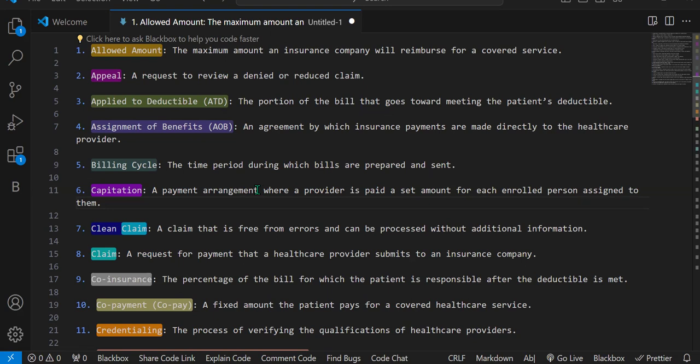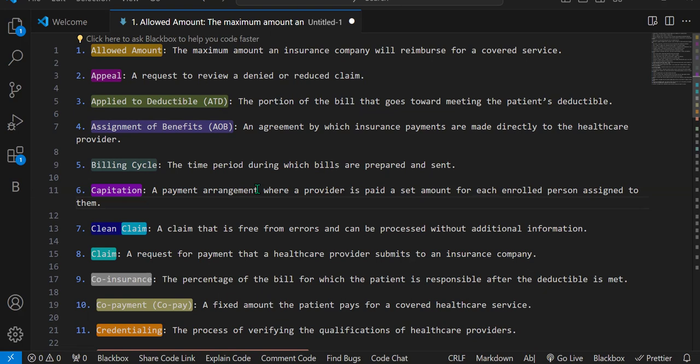So what is the first one? Allowed amount. The maximum amount an insurance company will reimburse for covered services. What is the meaning? For example, if a patient goes to the hospital and takes treatment from the doctor, those services will be designed in code format, and those codes will be implemented in the claim form, and the claim form will be sent to the insurance company.